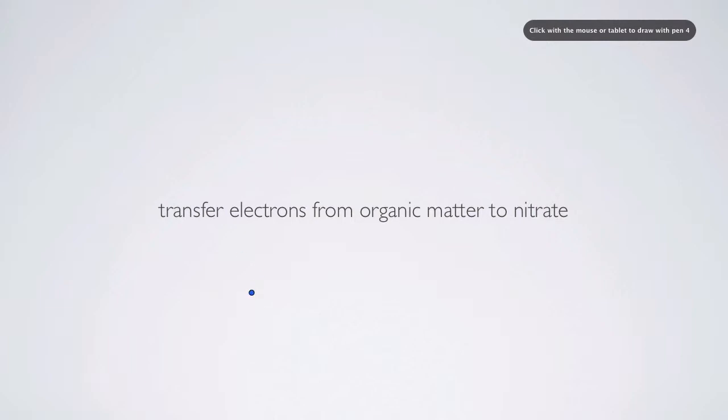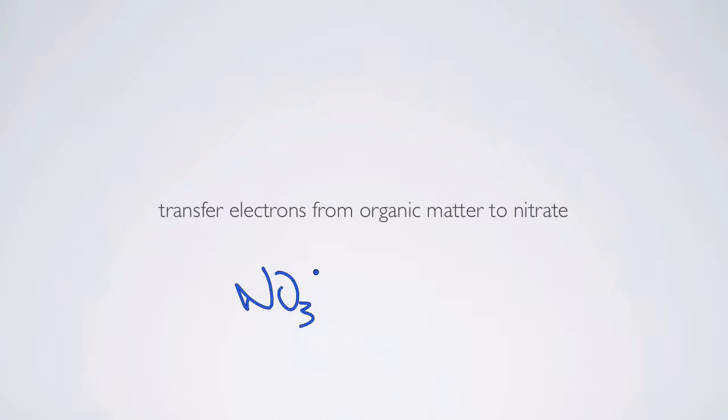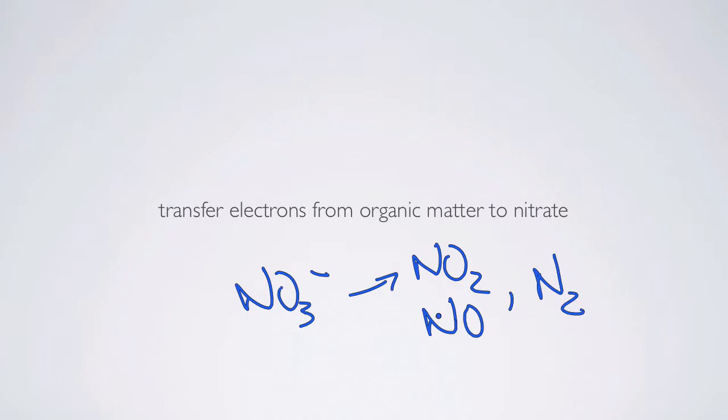So you have nitrate, for example, that is then going to accept electrons and get turned into other nitrous oxides, for example, or into N2. So electrons come down, nitrate serves as a terminal electron acceptor, and then you generate new gases associated with nitrogen that then leave the system.